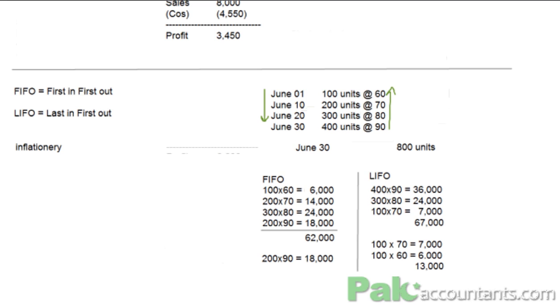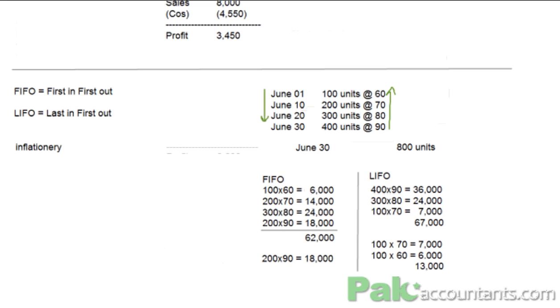So now we understand that valuation has its effects on the profits also. That is why this is what organizations were doing. If they want higher profits, they were using the one that gives them higher profits. And if they want lower profits, they can use the method which is going to give them lower profits. Okay, so we had the option to fiddle with the figures.